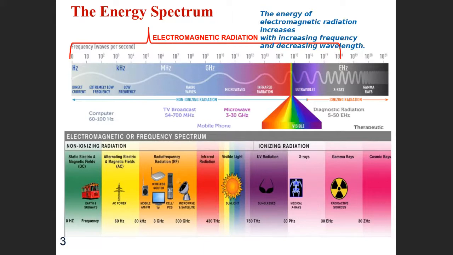On the other side, we have ionizing radiation. The ionizing radiation is characterized by short wavelength and high frequency. Can you see how the number of waves per second is higher? That's why they have high energy. What is the meaning of high energy?